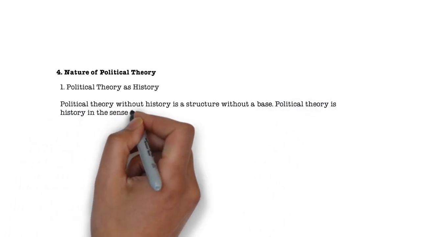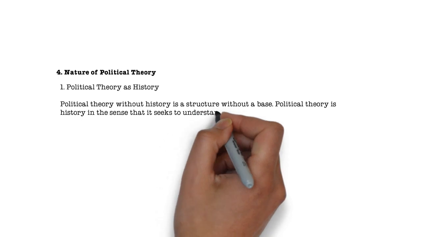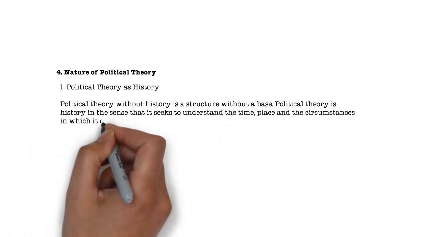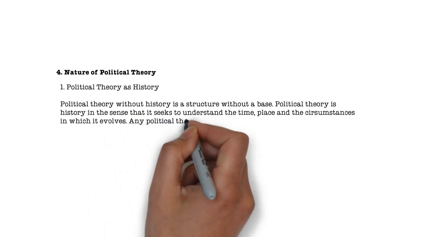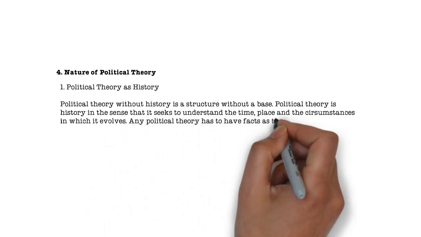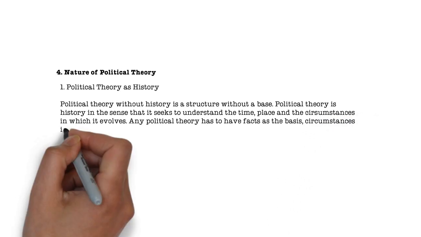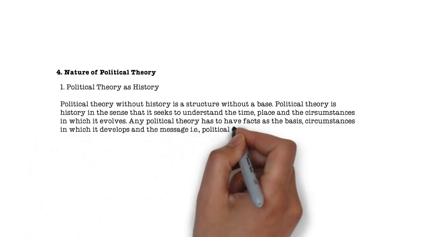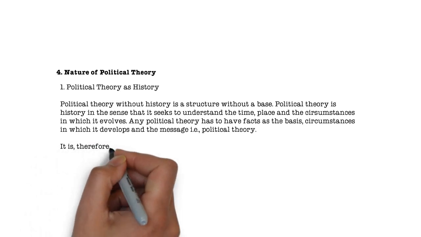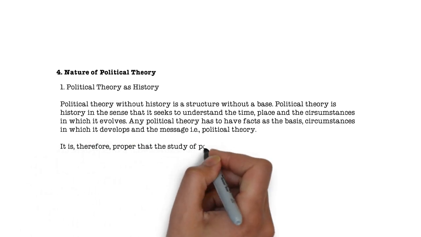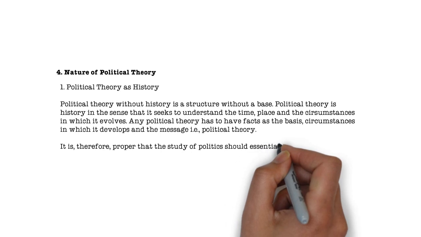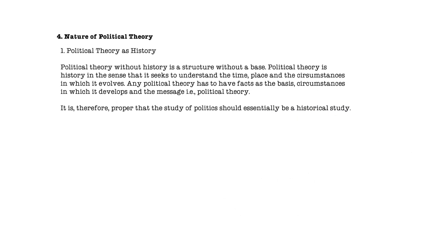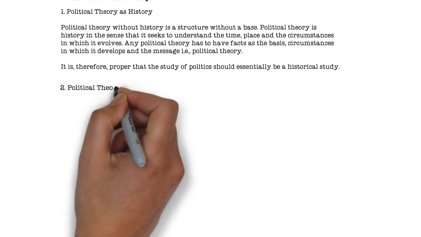Political theory is history in the sense that it seeks to understand the time, place, and the circumstances in which it evolves. Any political theory has to have facts as the basis, circumstances in which it develops, and the message, that is, political theory. It is therefore proper that the study of politics should essentially be a historical study.